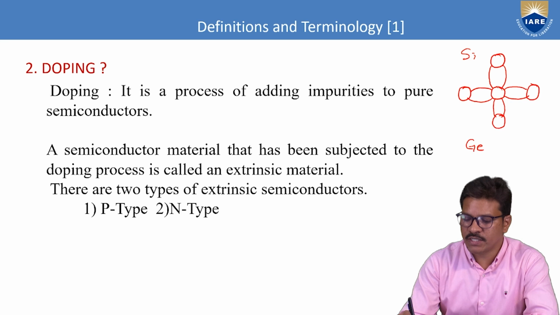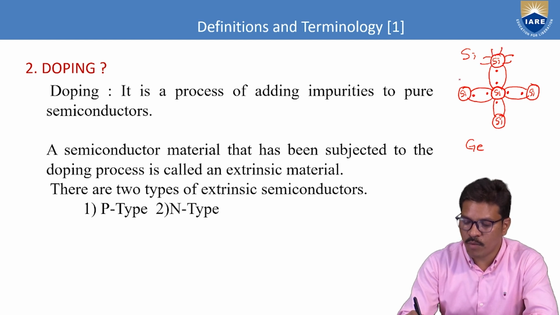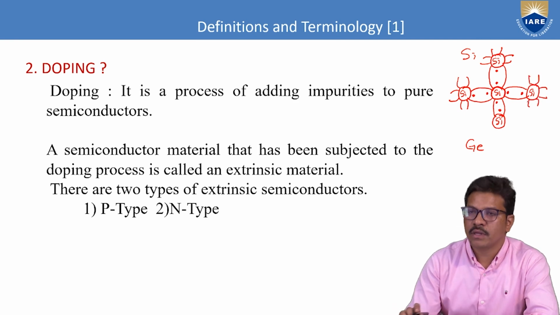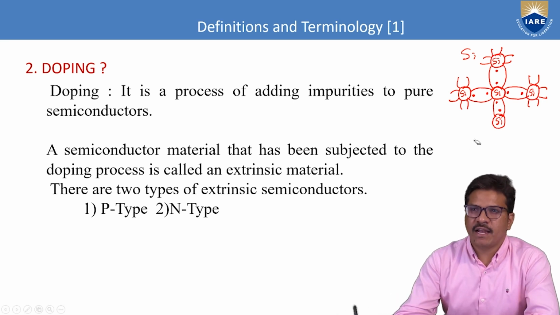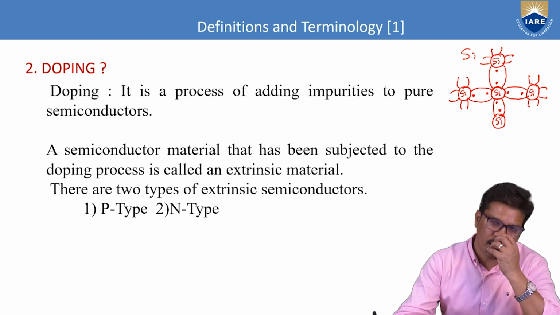The circle represents a silicon atom. You know that silicon and germanium have 4 valence electrons. So this silicon atom with 4 valence electrons forms covalent bonds with the neighboring silicon atoms. Similarly, if you replace that circle with germanium, it becomes a germanium atom. So it is an intrinsic semiconductor.